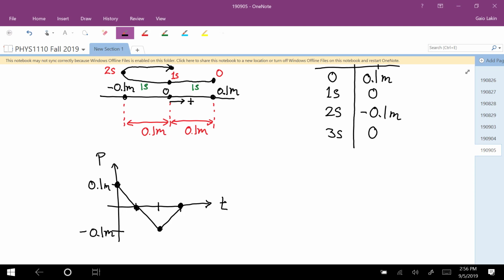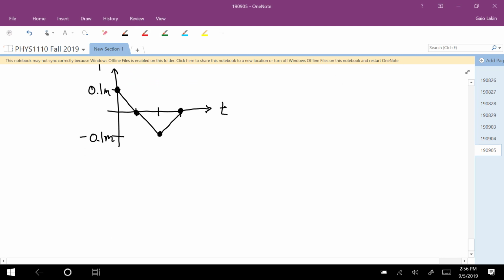Anybody have any questions about that? Okay. So usually once we get into problems involving velocity and acceleration, we'll be able to calculate the position as a function of time mathematically.